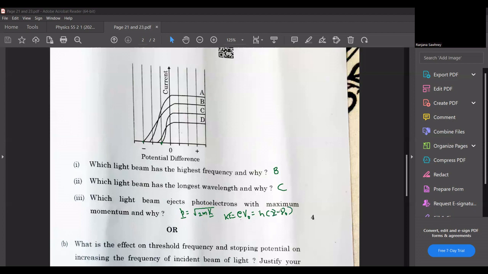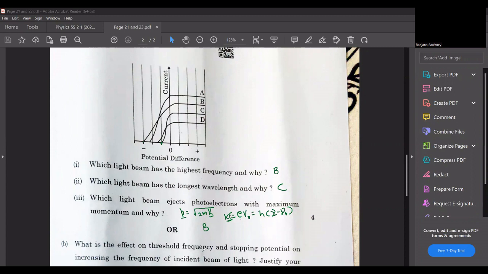So the one which is having the highest frequency will have the highest kinetic energy. Highest frequency, the one which is having the highest stopping potential. So B here is having the highest stopping potential. So highest frequency, highest kinetic energy. So its momentum will be highest.